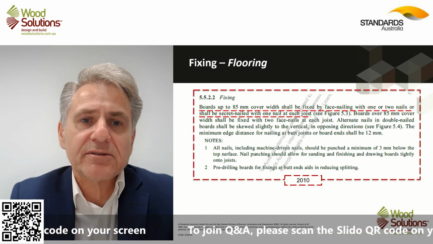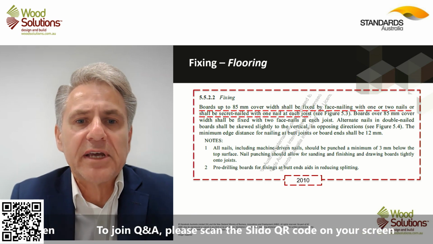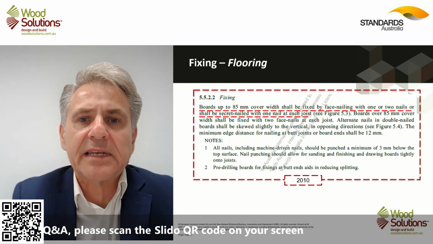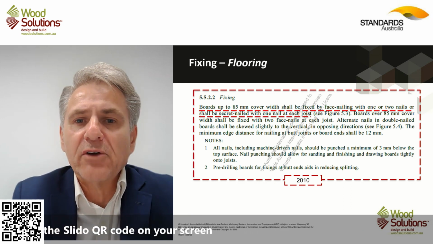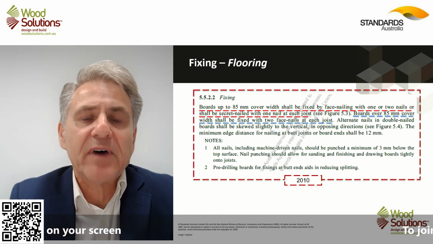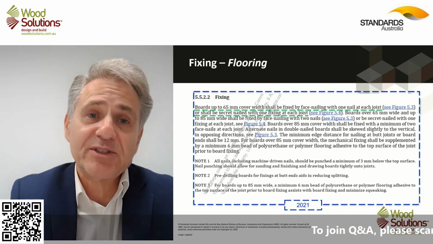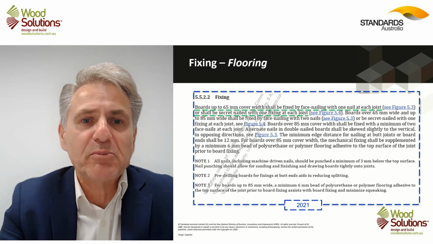Key changes in relation to fixing of flooring. Previously you had up to 85 mil wide boards and talked about the nailing requirements. If you're over that 85 mil, there were some further requirements with face nailing. The 2021 edition has taken that even further, but it's now dropped the boards down.